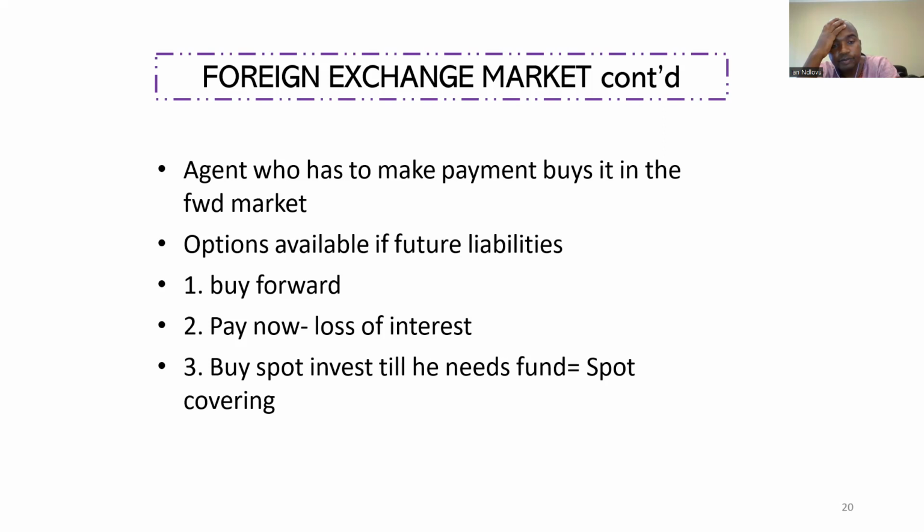Number two, to pay now. But if someone pays now, they lose interest, which means you can't invest that same money in order to earn interest. Three, you buy spot investment till you need the funds, which is called spot covering.